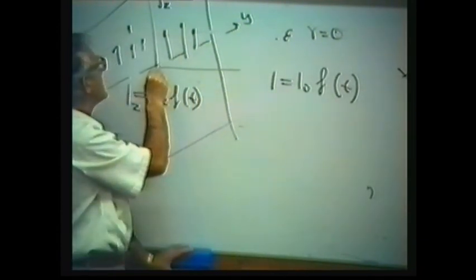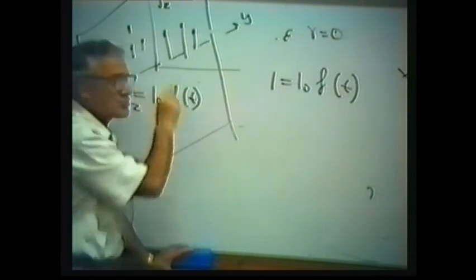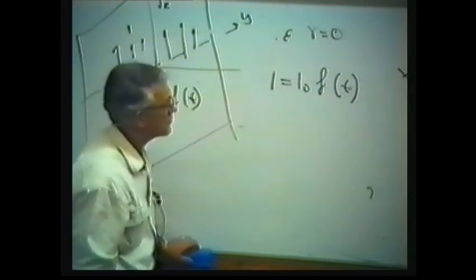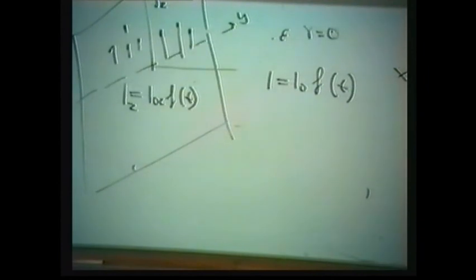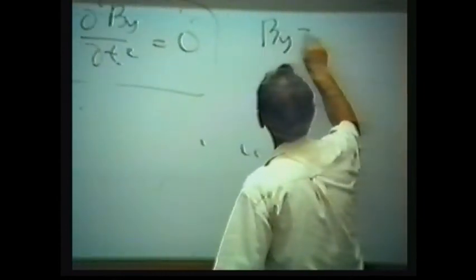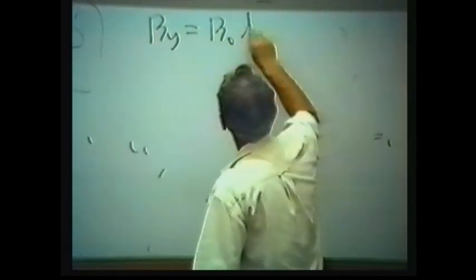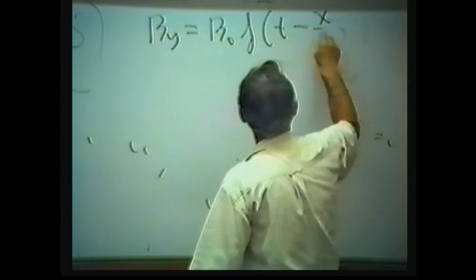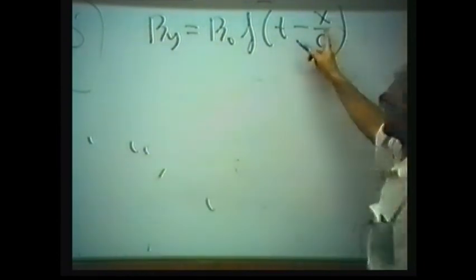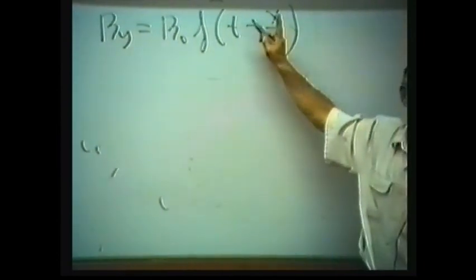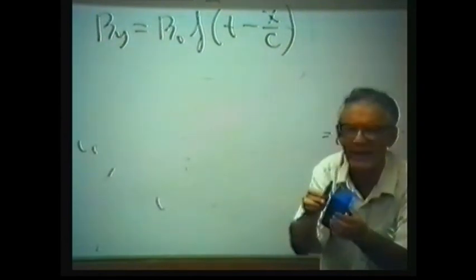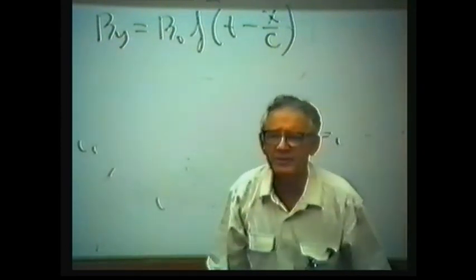If I take a point very, very close, what is our argument for the magnetic field? Let us write again: By equals B naught function of t minus x over c. If I take x very, very small, very close to the plate, how will our magnetic field change?